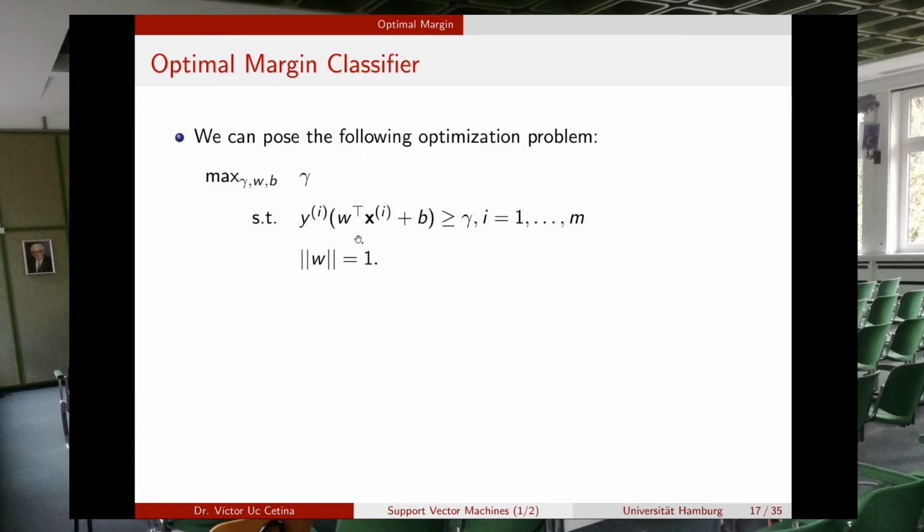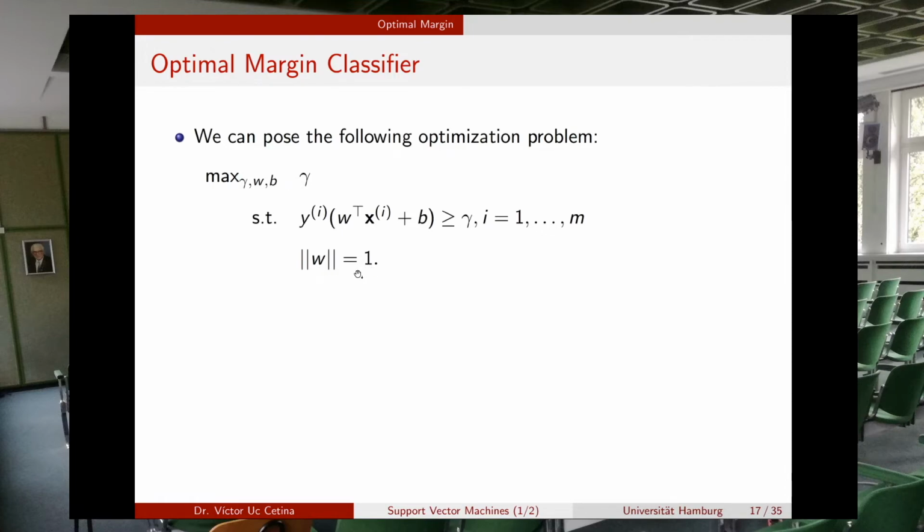So this is the definition of the geometric margin. We are saying that every one of these m points in our dataset should have a margin of at least gamma, which is the geometric margin for the whole set of points. And we are saying here that the norm of the W vector should be 1.